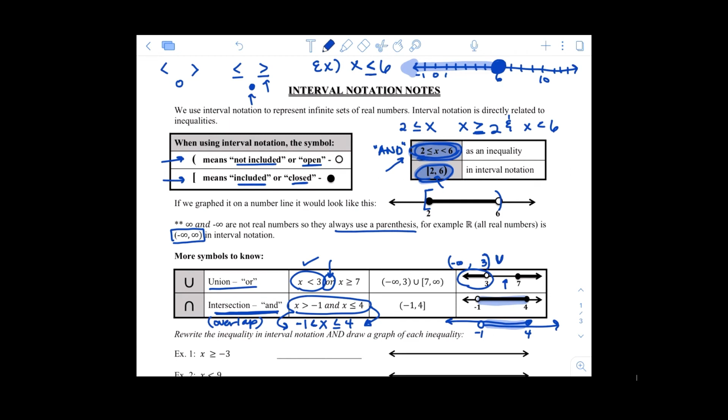It's just a capital U. For the second portion of your graph, you would have a bracket with the 7, because you have a closed circle on the 7, meaning it can be included. And then all of your x's would go to positive infinity, because that shaded arrow goes on forever on the number line. And infinity always has a parentheses. That's how we got this interval notation right there.